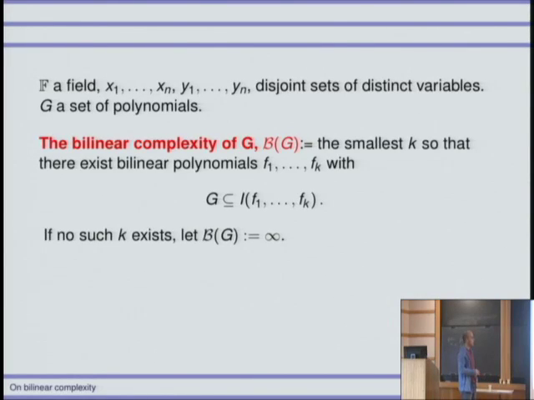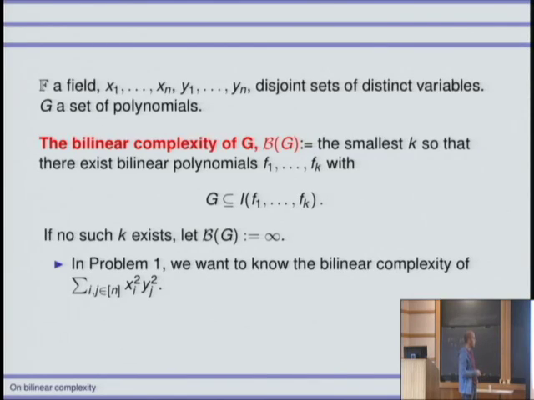Of course, it may happen that no such k exists. If you assume that G is just a linear polynomial in x, you can never express it in this way. But I won't care about those cases. I will just say that the bilinear complexity is infinite.